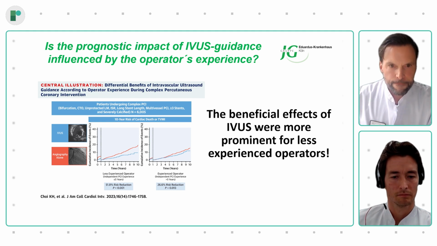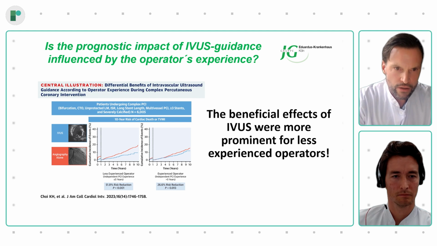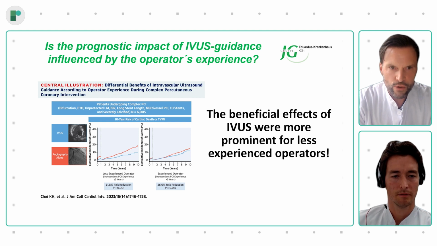What is very important, if we think about when and how to implement the strategy in our cath lab and who should use intravascular imaging, has been published this year from a Korean group. It's very important that the less experienced the operator is, the more benefit he will have by using intravascular imaging.